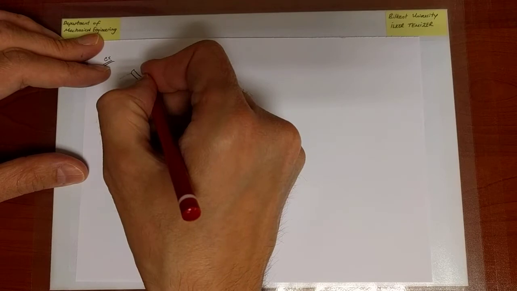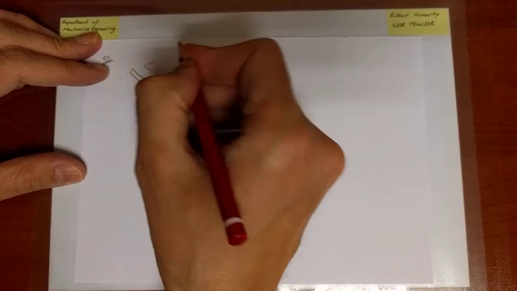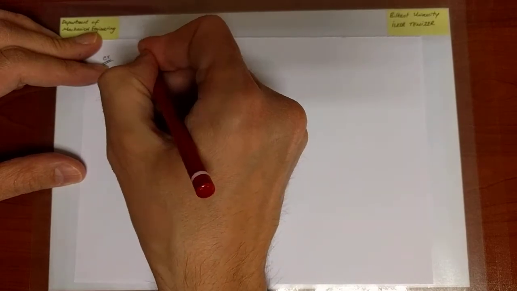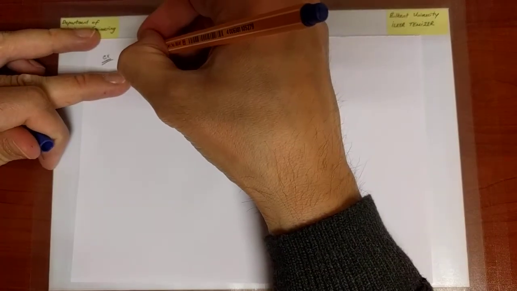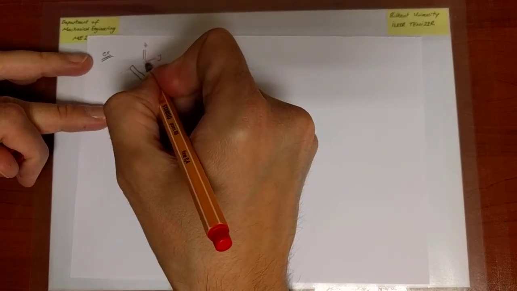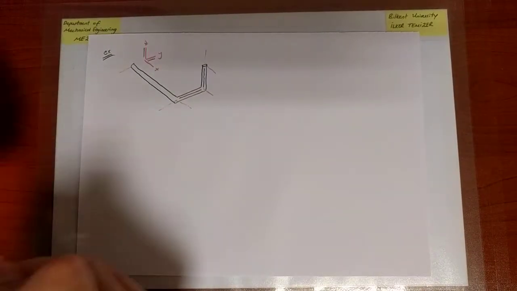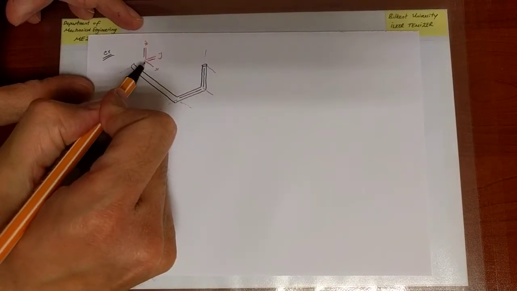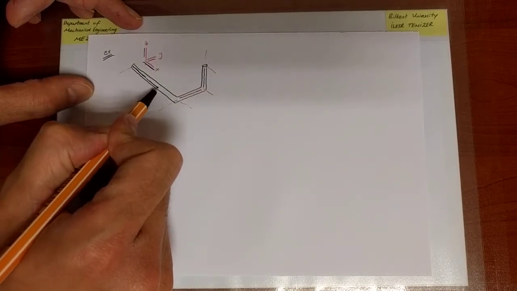The directions are X, Y, and the vertical one is Z. Okay, so this is the Z direction. This is the Y direction. And this one here is the X direction. Okay.